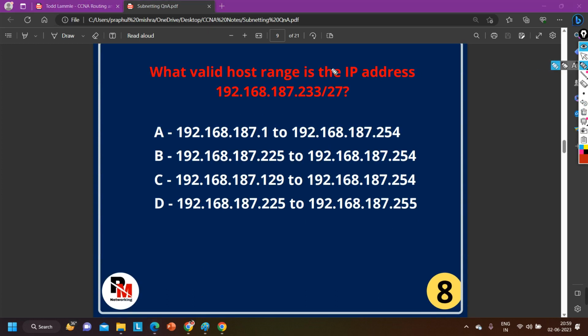This question: what is the range of valid hosts of this IP address? If subnetting is clear, guys, then tell me what is the answer. What will be the valid host range?